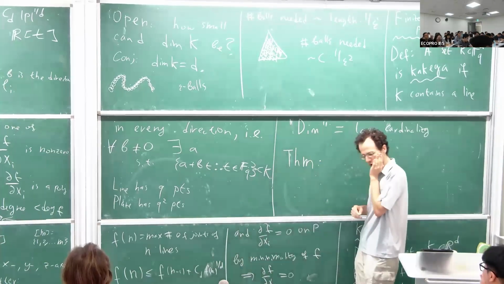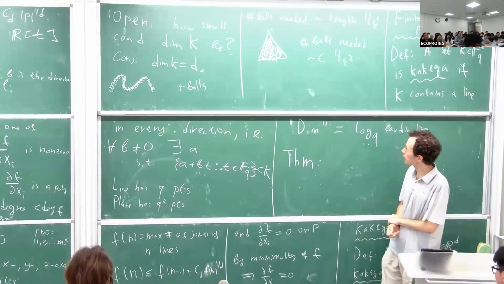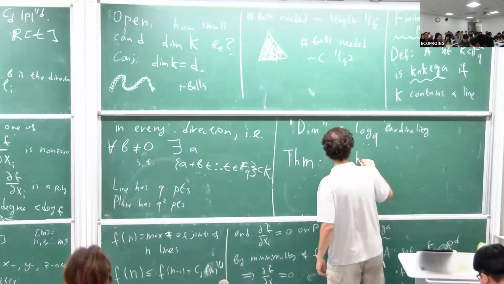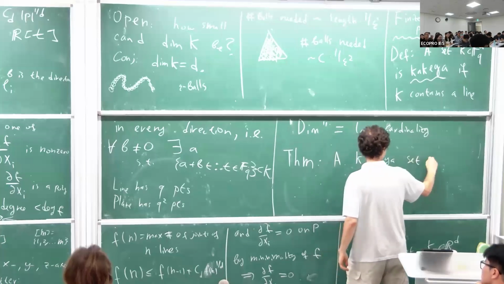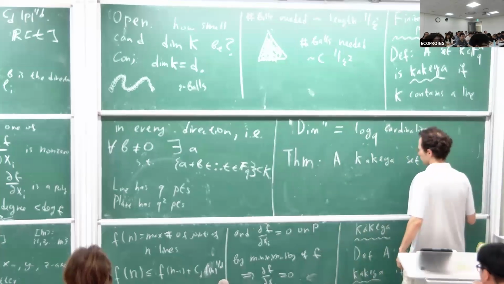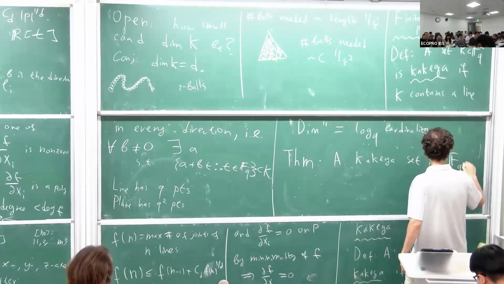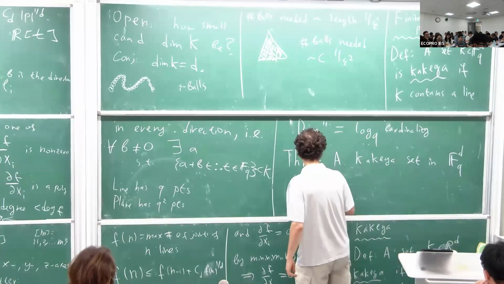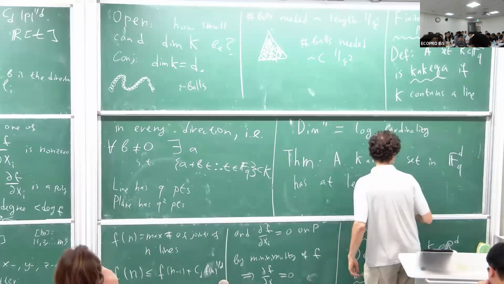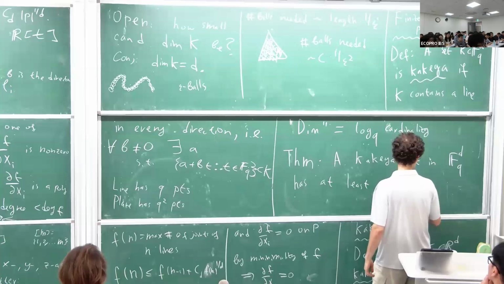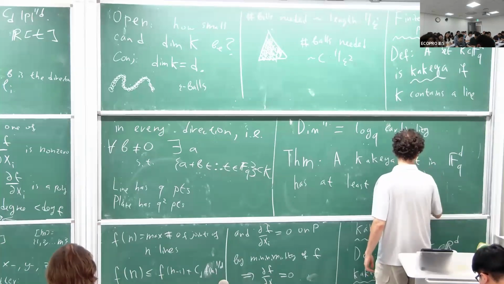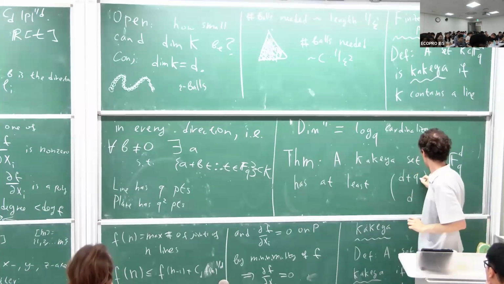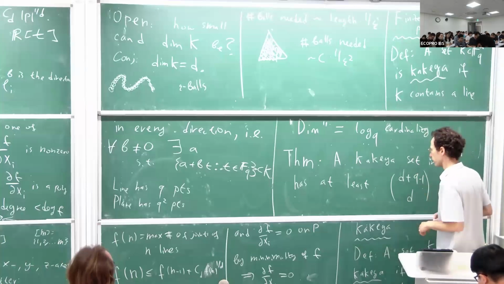This is a solution to the Kakeya problem in finite fields, due to Dvir first. A Kakeya set in F_q^d has at least (q+d-1 choose d) points.